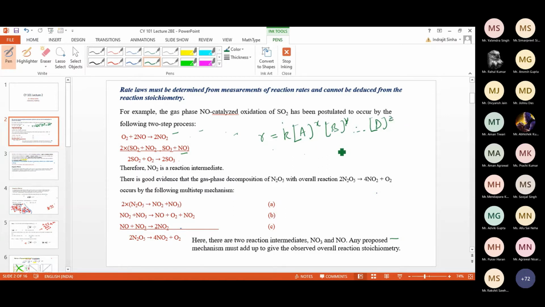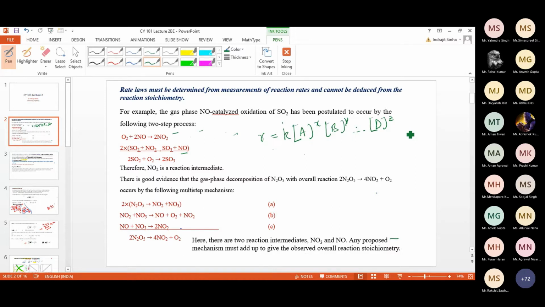All right. So if we can write it in this format where A, B are the reactants and D could be a product or something, but basically it follows that notation that we established in the first lecture.